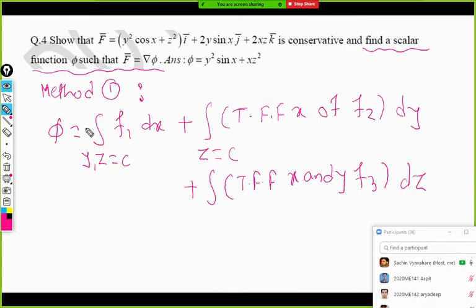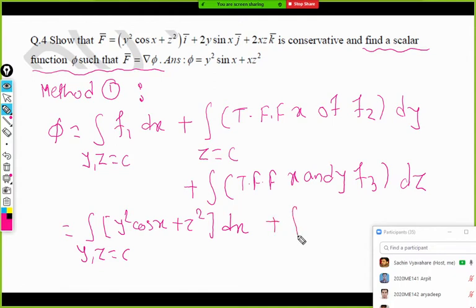Now you have to learn this formula by heart. If you use the shortcut method, the task is to remember this formula. Once you use this formula, you write the integration of f1, which is y square cos x plus z square dx, treating y and z as constants, plus integration of 0 dy and integration of 0 dz.